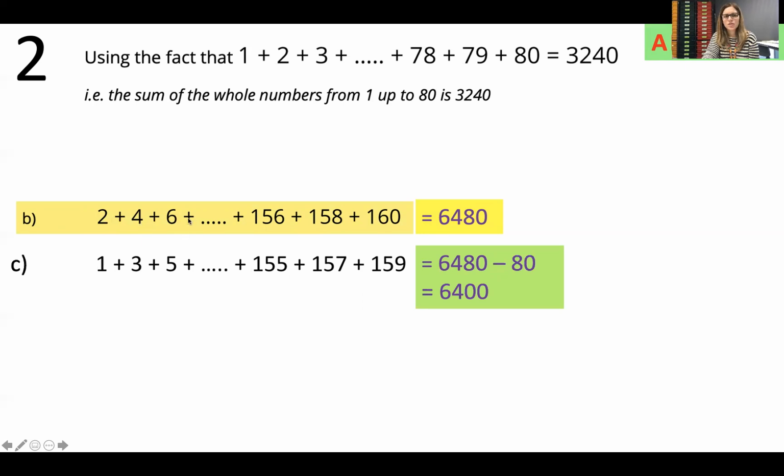How many numbers are there in this list? Well, we've only got the even numbers, so it's going to be half of 160. So we've only got 80 numbers in our list. So we need to subtract that 80, and our answer is 6,400.